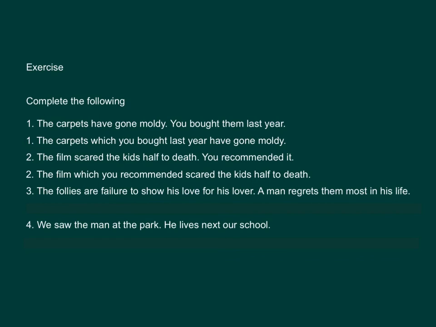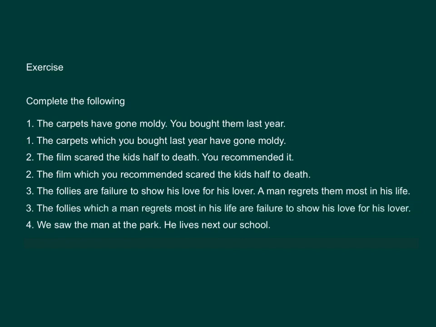The answer for number 3 is: the follies which a man regrets most in his life are failure to show his love for his lover. And the answer for number 4 is: we saw the man at the park who lives next to our school.